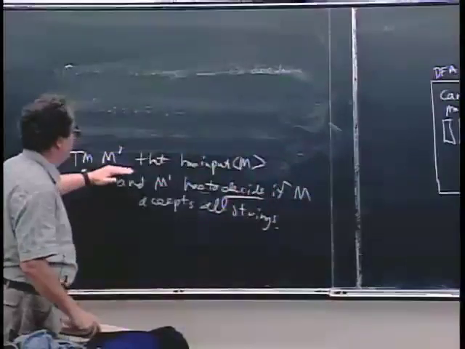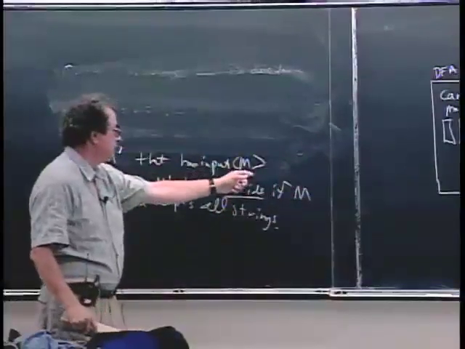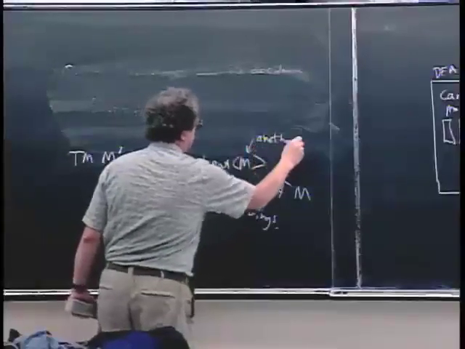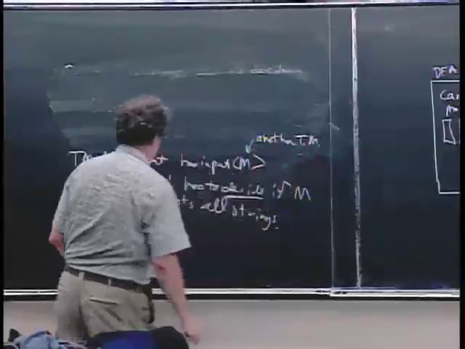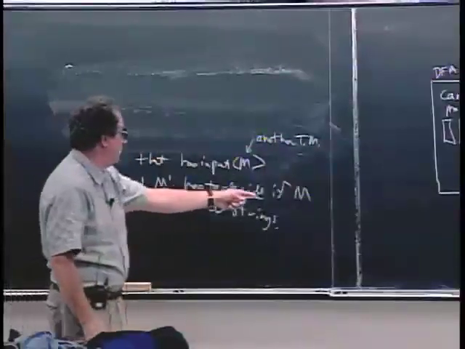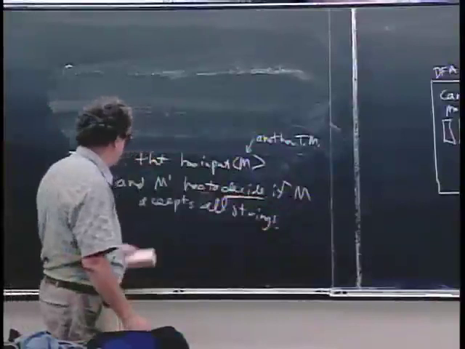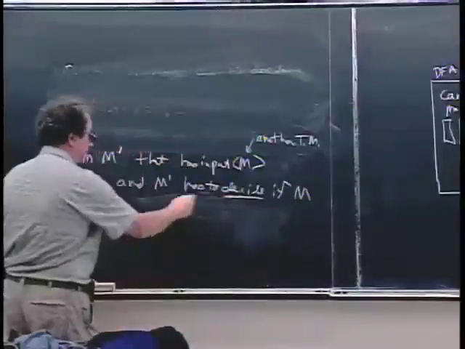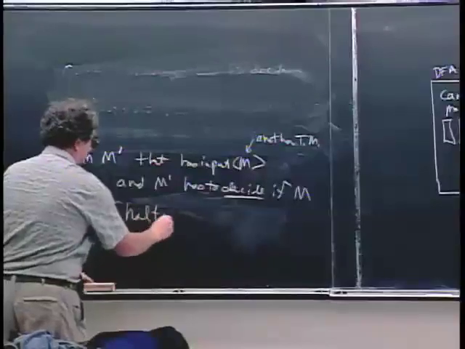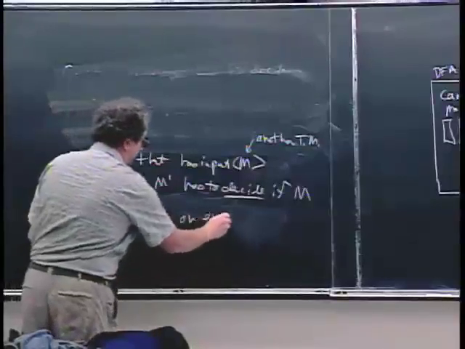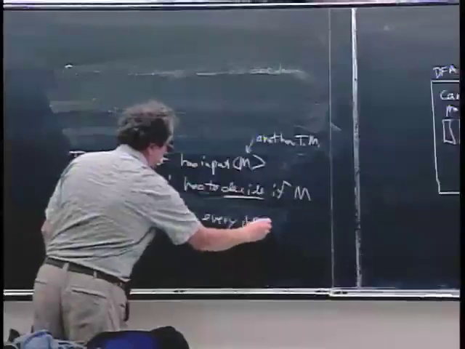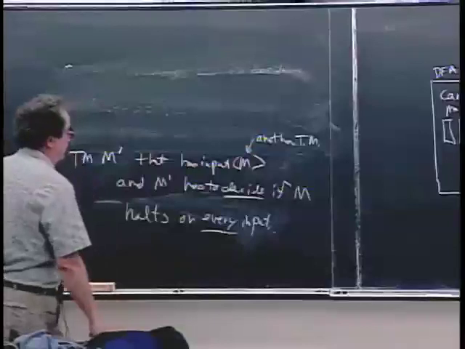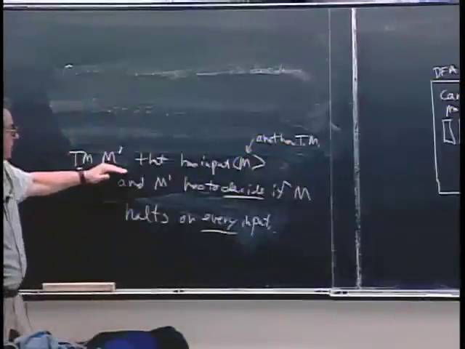We want a Turing machine M that has input of a description of another Turing machine, and M prime has to decide if this Turing machine halts on every input. Okay, that's different than this problem, but take this particular abstract problem.